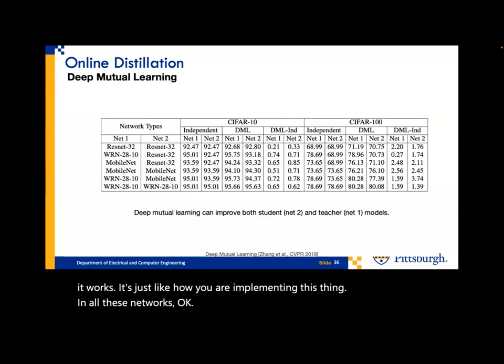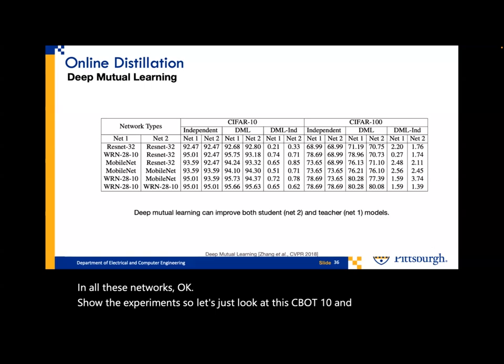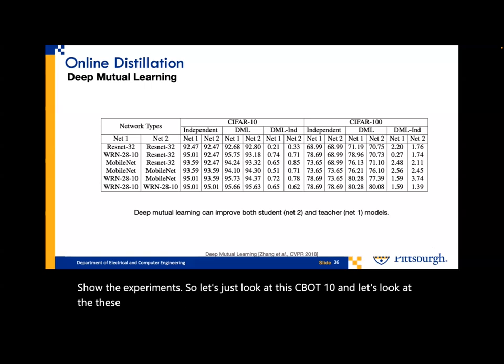So they show the experiments. Let's look at CIFAR-10, and at these two columns, independent and deep mutual learning.